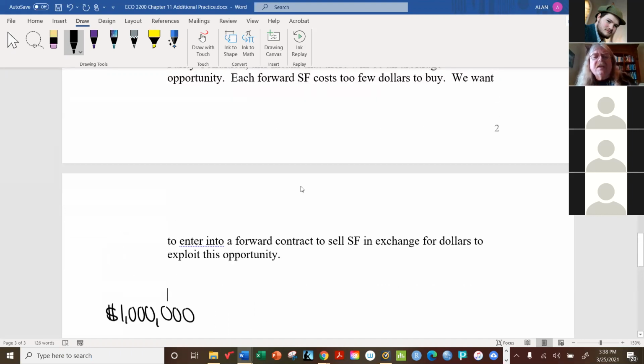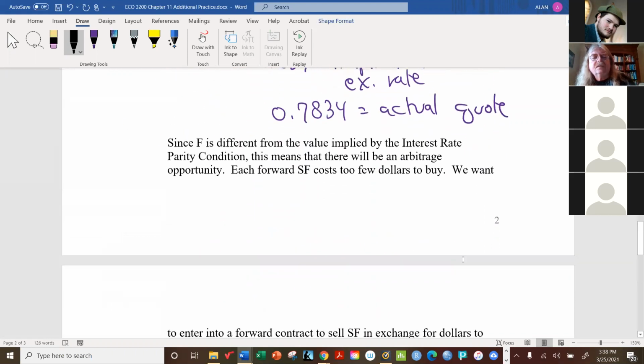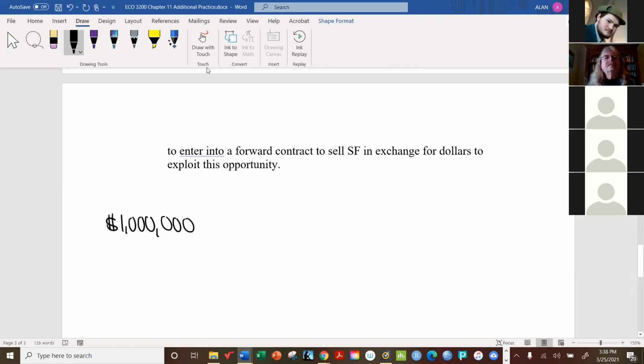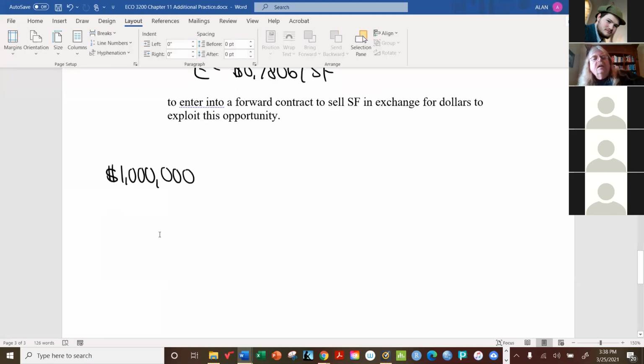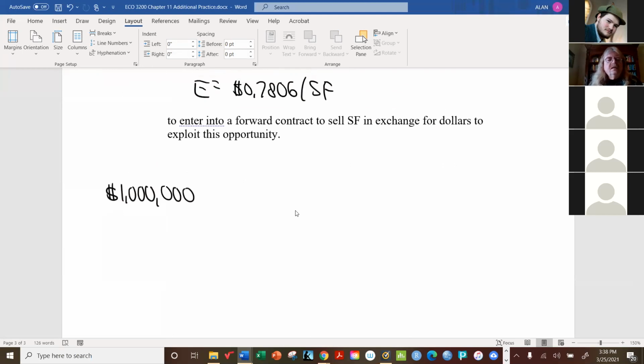So if you look at the spot exchange rate, right here, 7806, since that's the case, that means whether we buy or sell dollars or Swiss francs, the amount of francs will be $1 million divided by this number.